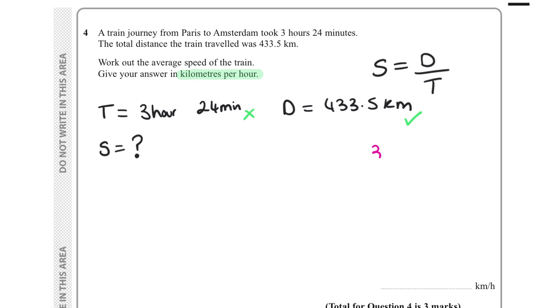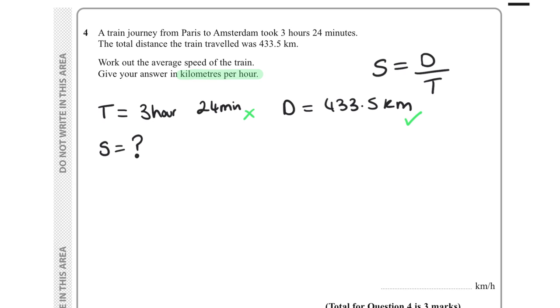So 3 hours and 24 minutes. Lots of students make the mistake of writing 3.24. Is that correct? No, because 3 hours 30 minutes is what? 3.5. It's 3.5 hours. We wouldn't say 3.3, would we?